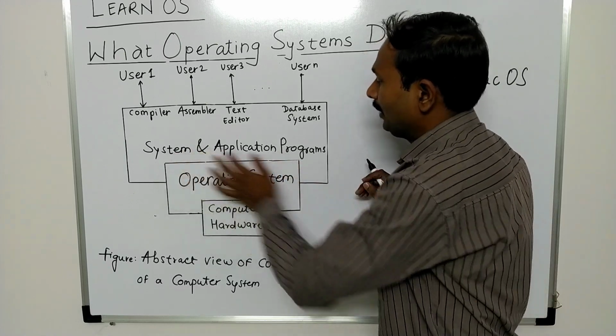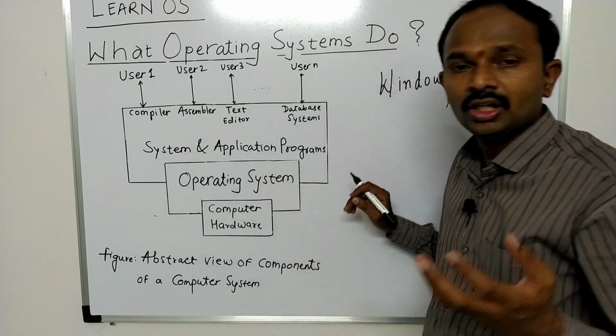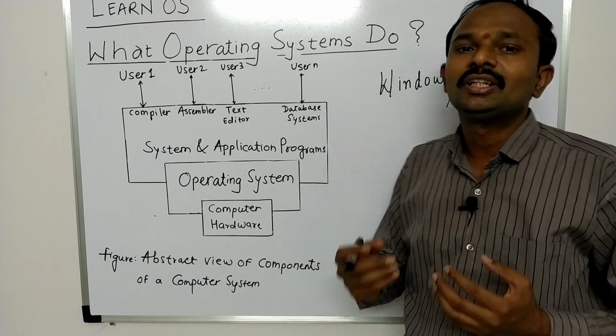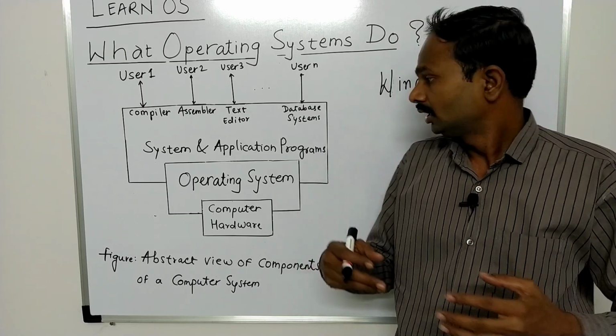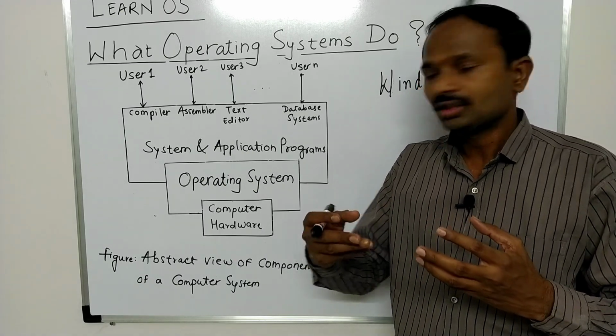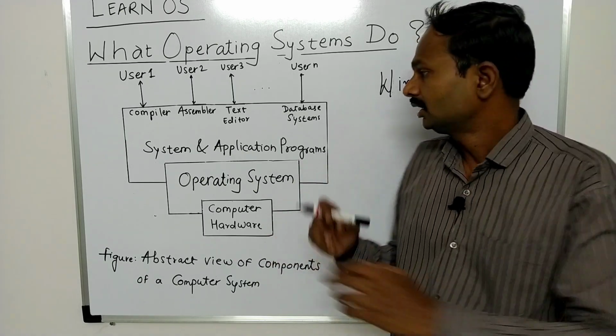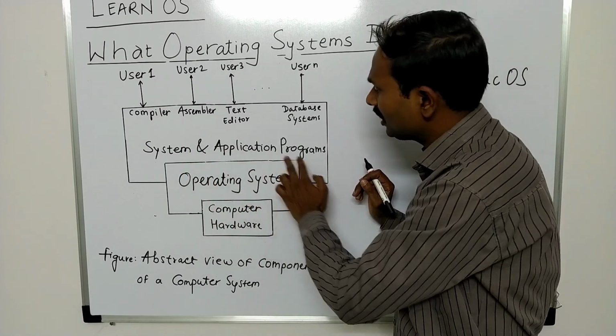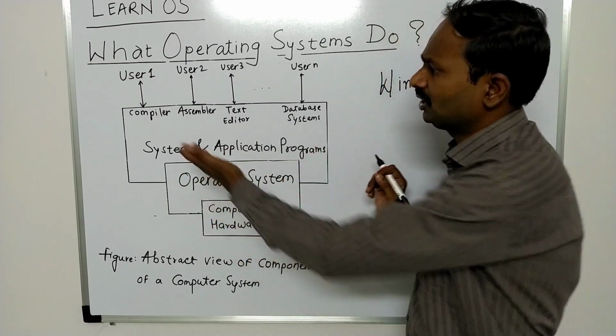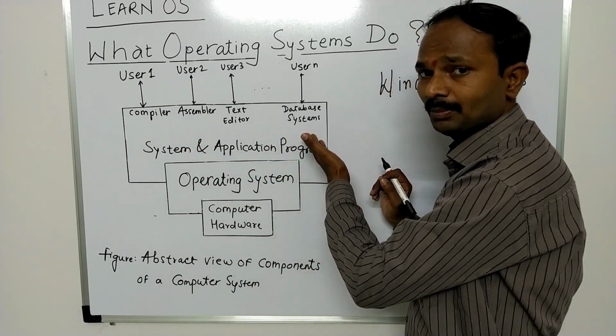System programs are the programs needed for the system itself to manage its own utilities, means to manage the operating system's utilities. And application programs are the programs like these particular examples.